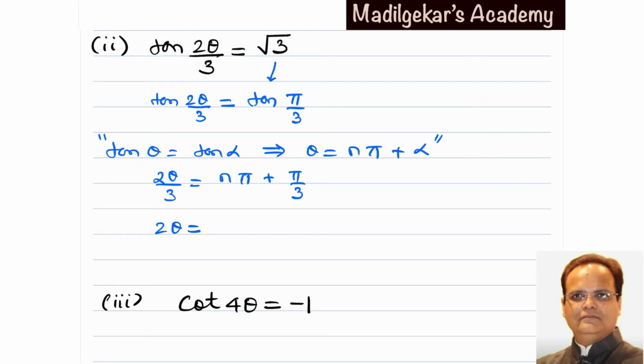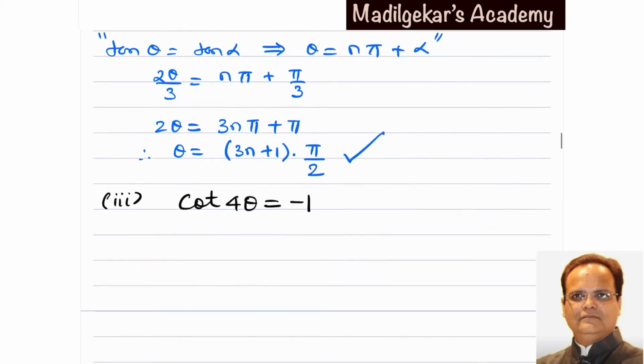Multiply throughout the equation by 3. So we get 3n pi plus pi. Dividing by 2, we get 3n plus 1 into pi by 2. So this is the required general solution.